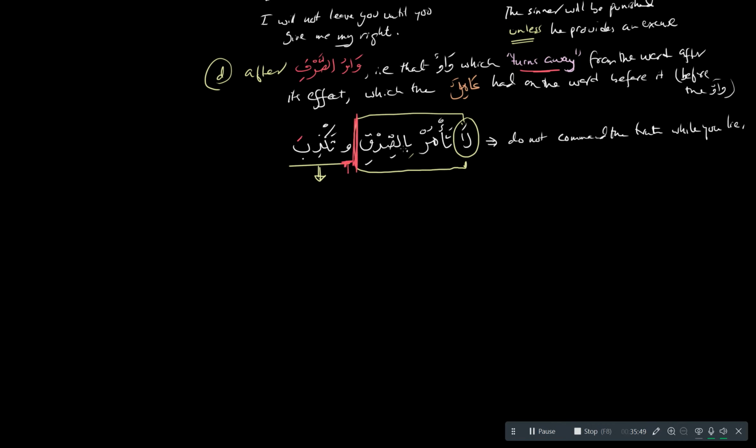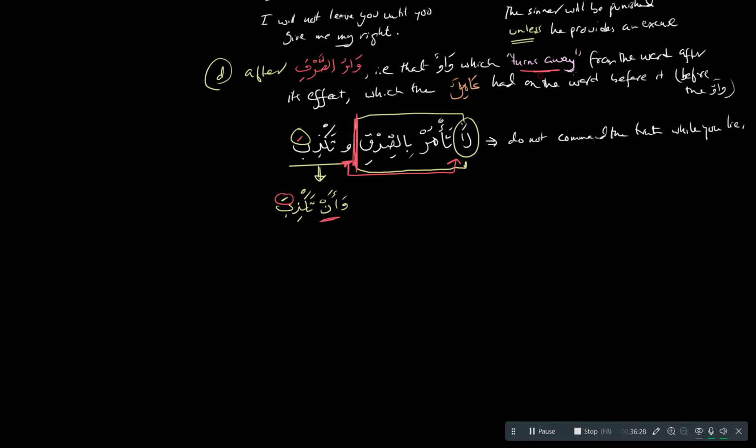Well, there's a hidden "an," "wa an takzib," takziba. Because of the "an," there is a mansub. So this is the waw sarfi.